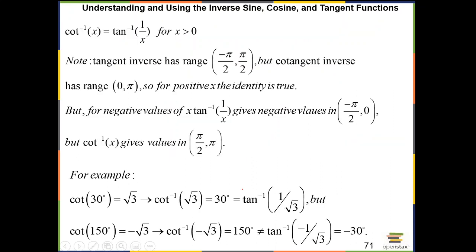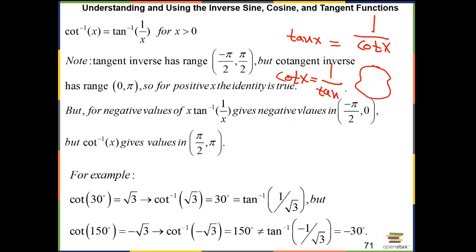So let's look. We know that cotangent inverse of x is the same as tangent inverse of 1 over x. How do we know that? Because remember, tangent x and cotangent x are reciprocals, but they're reciprocals in the y values, right? The y value of tangent is 1 over cotangent, or the y value of cotangent is 1 over tangent, right?